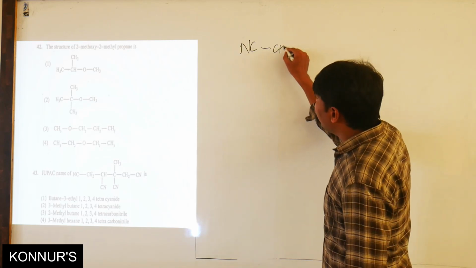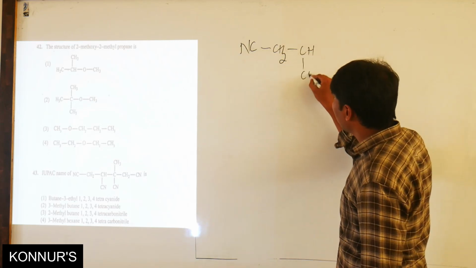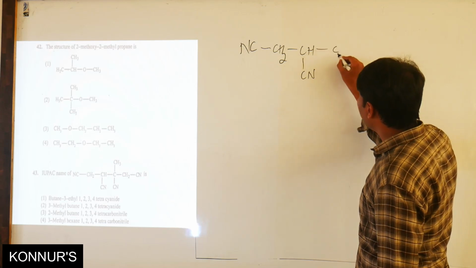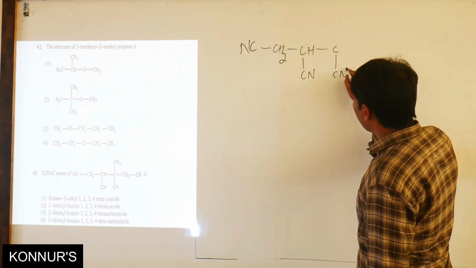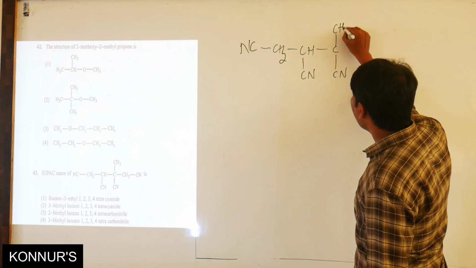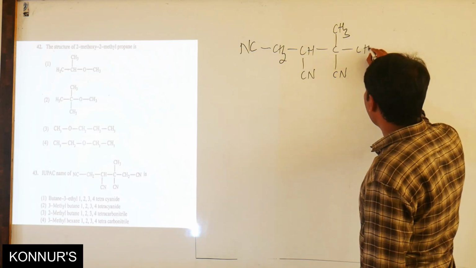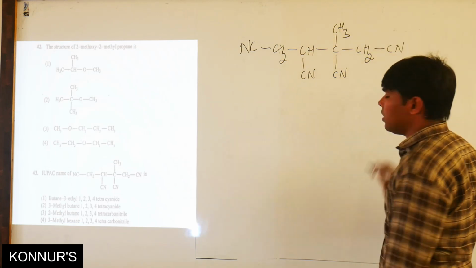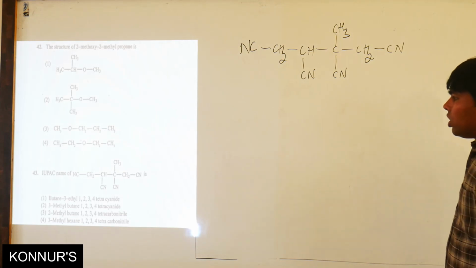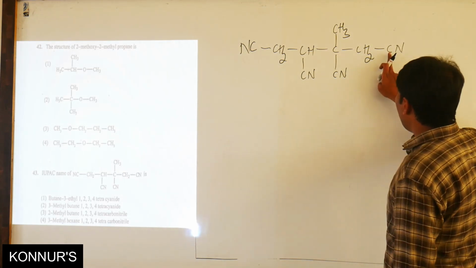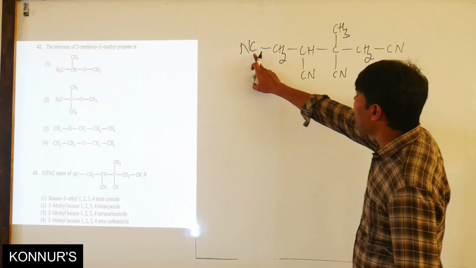CN, CH2, CH, CN, and here C, and here also CN is there, and here CH3 group, and CH2 and CN is there. So here cyanide, here also cyanide, here also cyanide.